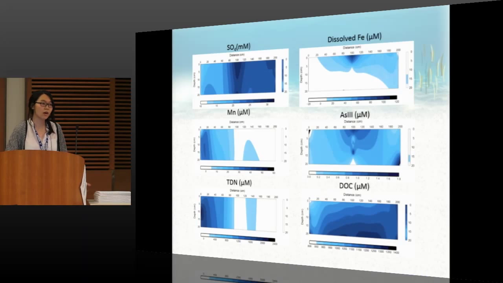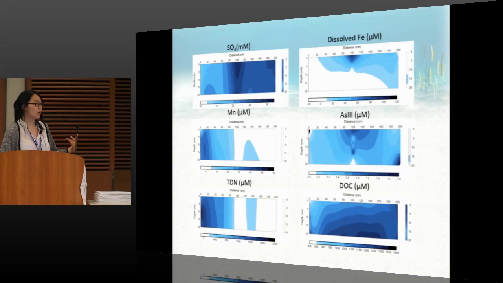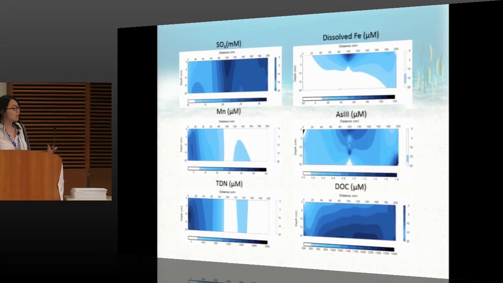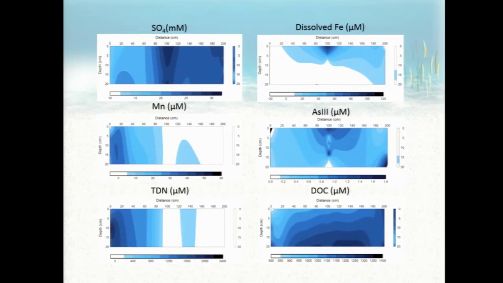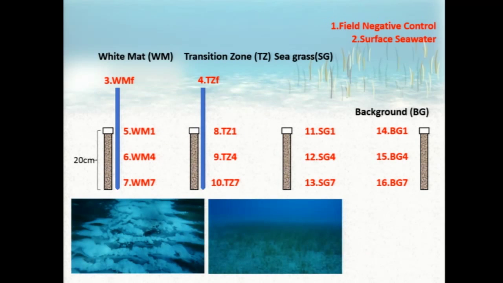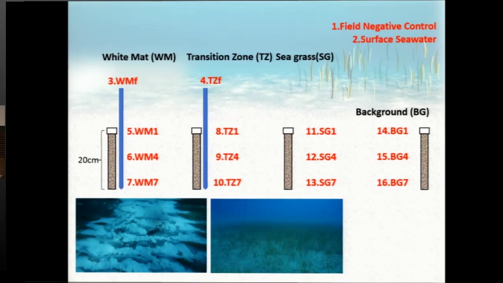The iron and arsenic are more complicated, so I cannot see any clear pattern associated with just distance or depth. So there might be something else that regulates the geochemical cycle here. Microorganisms will be the only answer in this environment.